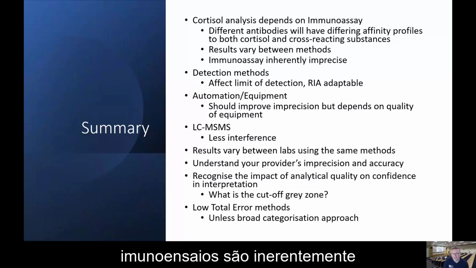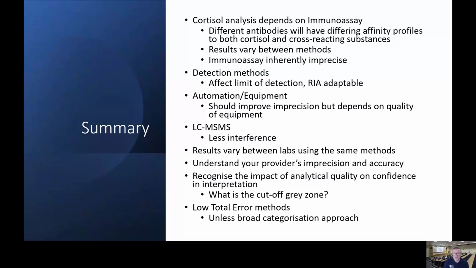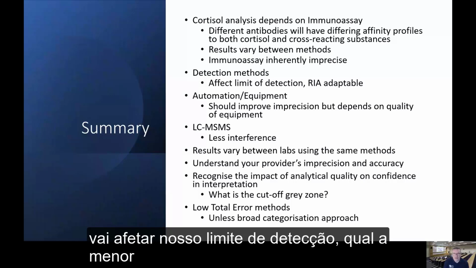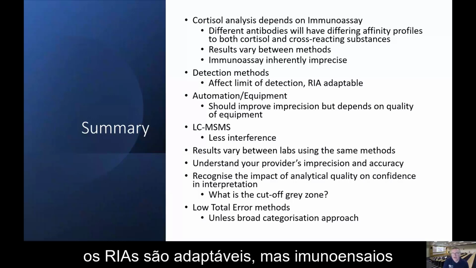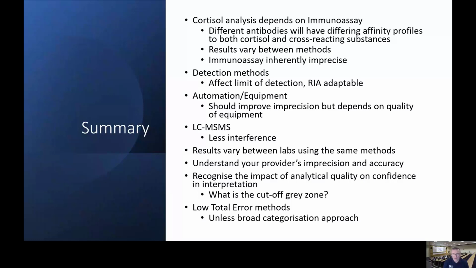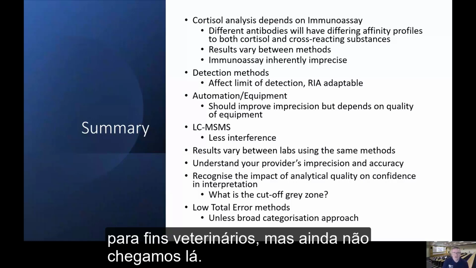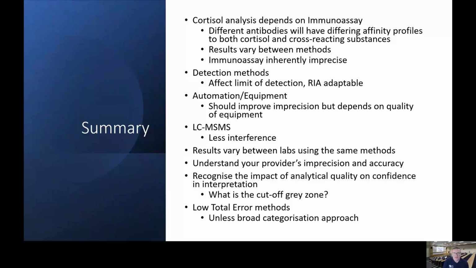Immunoassays are inherently imprecise, so less than 10% imprecision is good for an immunoassay. The detection method will affect our limit of detection, how low a cortisol concentration we can measure. RIAs are adaptable, the other methods generally aren't. LC-MS/MS might hold a future, might be more commonly applied in veterinary cortisol analysis, but it's not there yet.